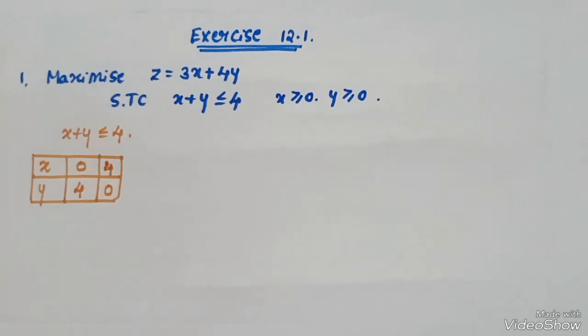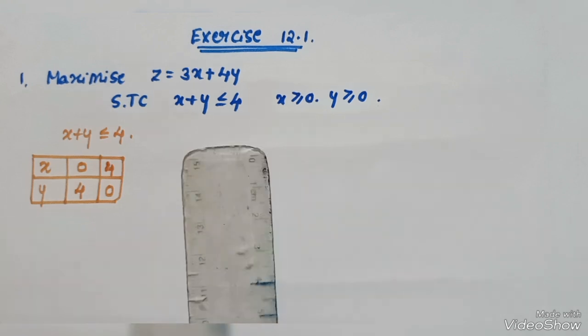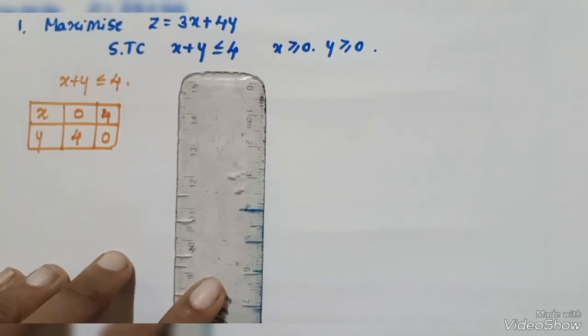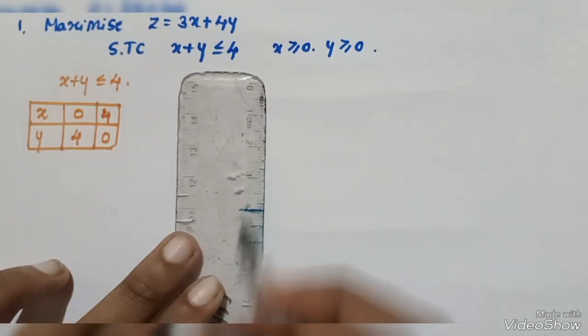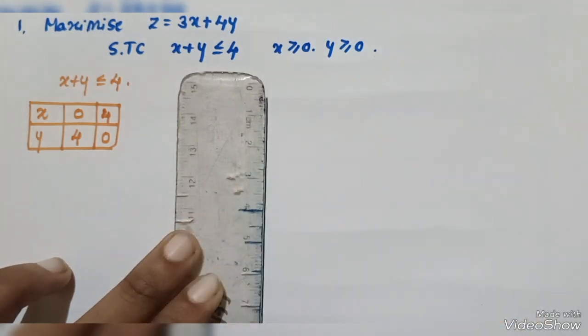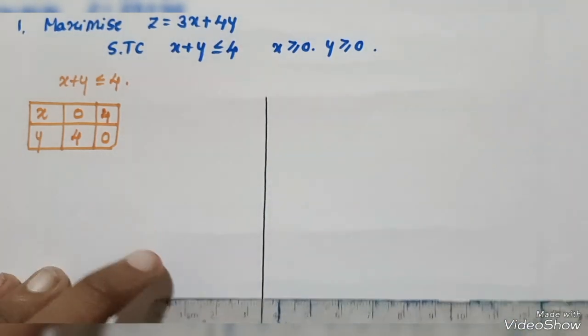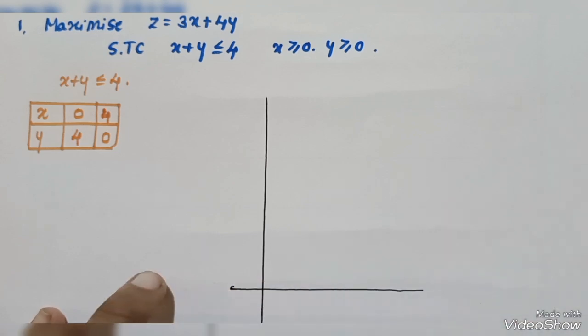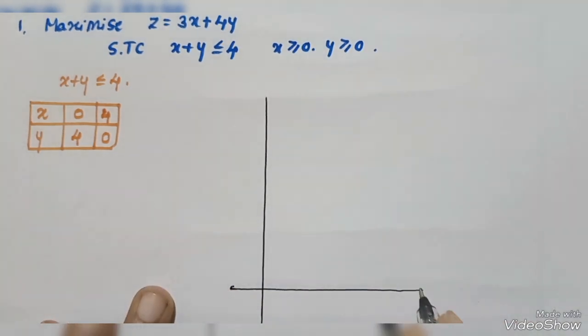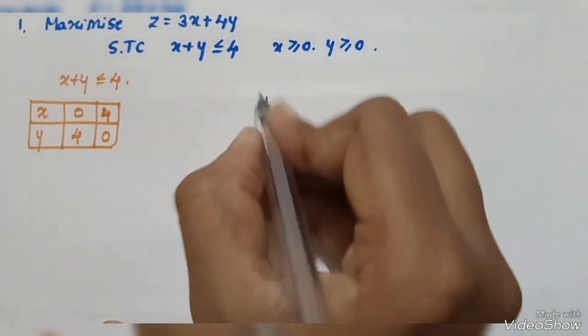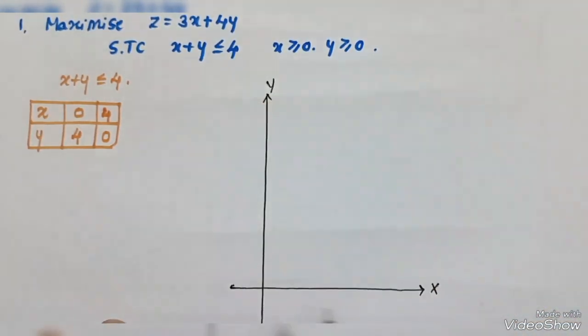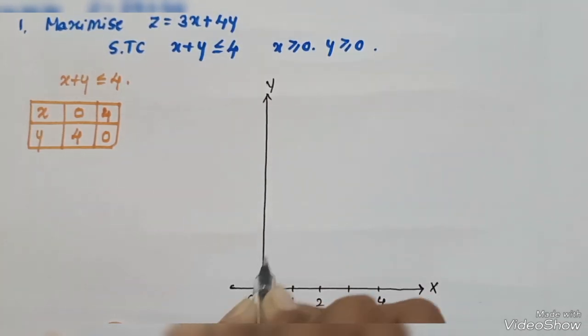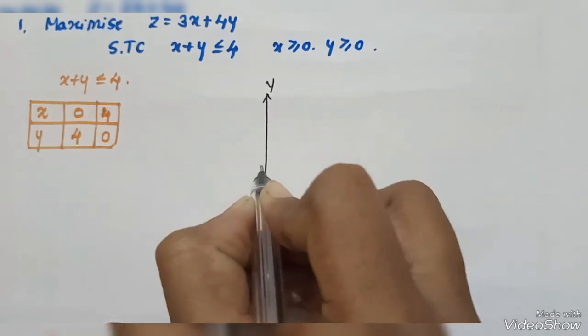I am taking a rough graph paper here. We have only 4 points, so I am considering only 4 units on the x axis and y axis: 1 2 3 4, 1 2 3 4, and 0 1 2 3 4 5.